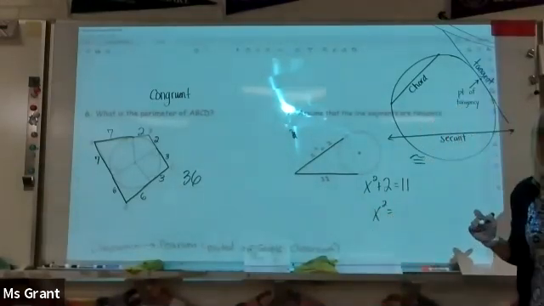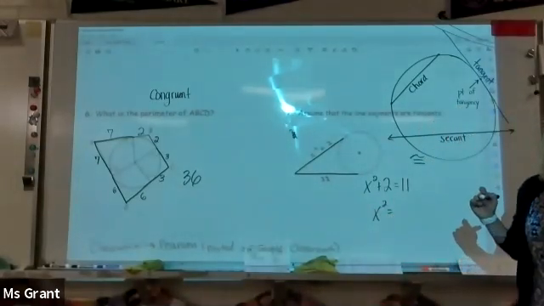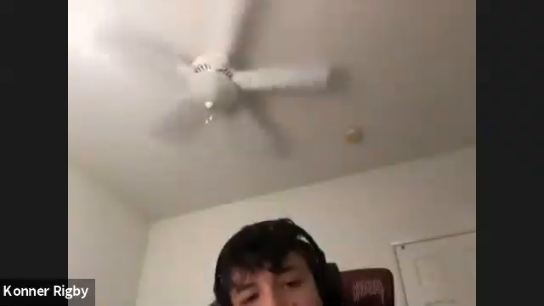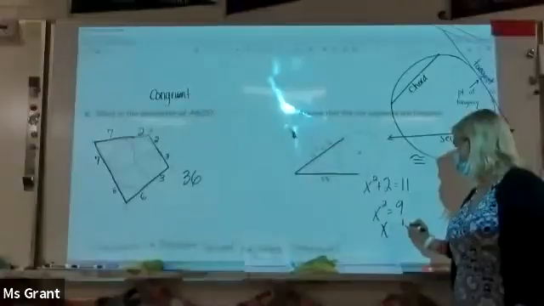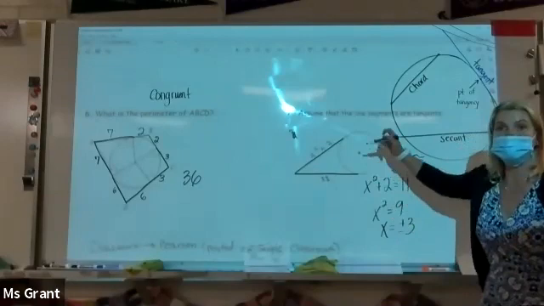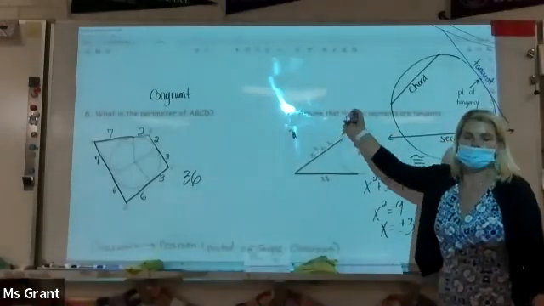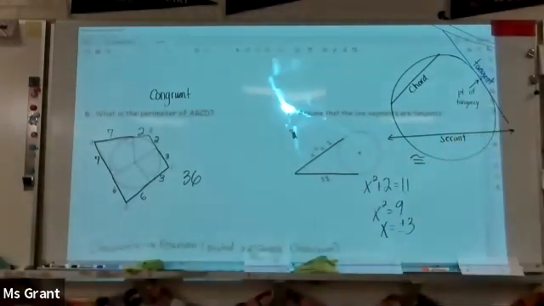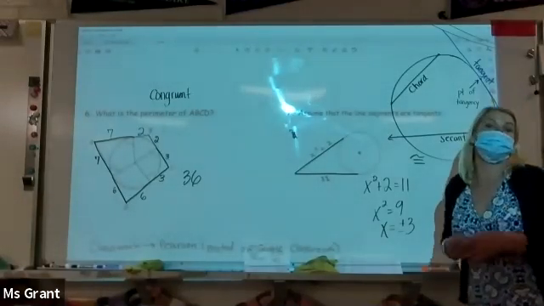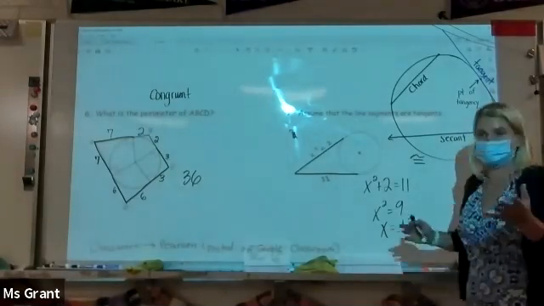And what's my answer? 3. Right. And you know what I could do? Plus or minus 3. This could be negative 3 squared. They're both 11 long, but the value of x could be positive or negative 3.